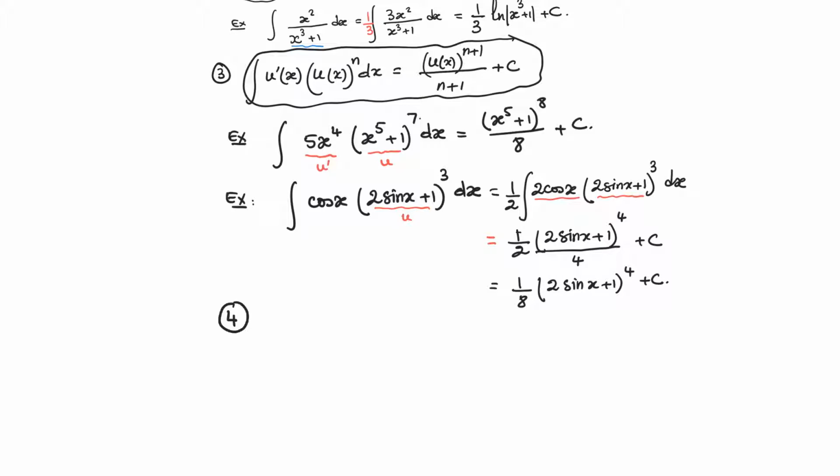Okay. The fourth shortcut involves trigonometric functions. If you have u dash and sine u dx, then it is just minus cosine u plus a constant.